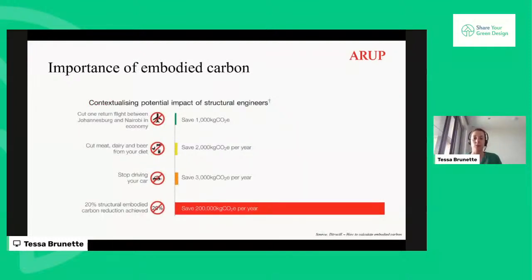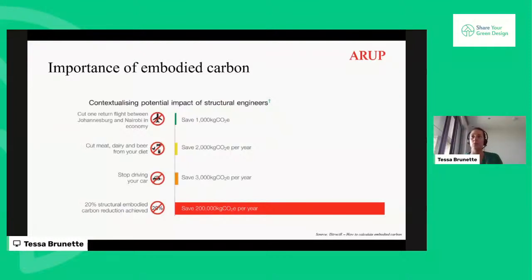In terms of embodied carbon and why we should really care about that, well, it contributes a huge amount to that net zero balance that I've just described. But also the IStructE, which is the Institute of Structural Engineers, prepared this very interesting summary here, which contextualizes the impact that we as designers, and particularly structural engineers and architects, can have in terms of embodied carbon emissions.